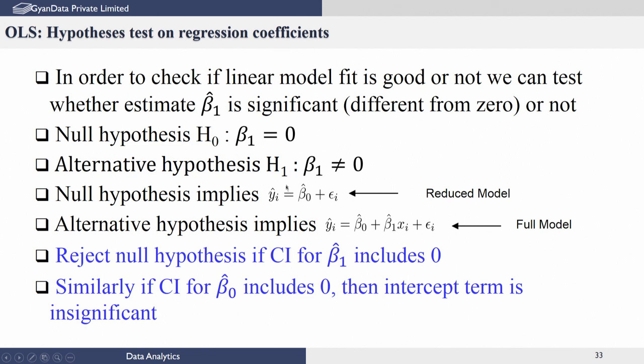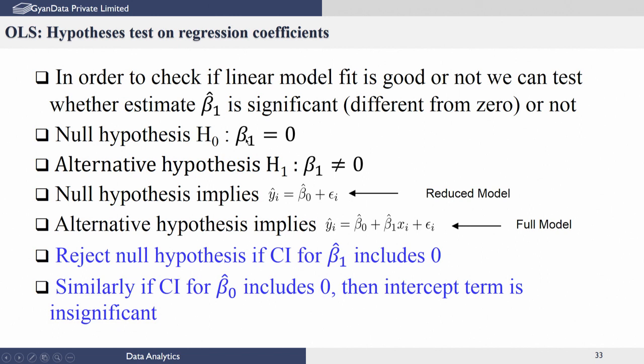So, the null hypothesis represents the fit of a reduced model which involves only a constant, whereas the alternative hypothesis implies that we believe there is a linear model that relates y to x. Between these two models we want to pick whether the reduced model is acceptable, or the full model is to be accepted and the reduced model rejected.